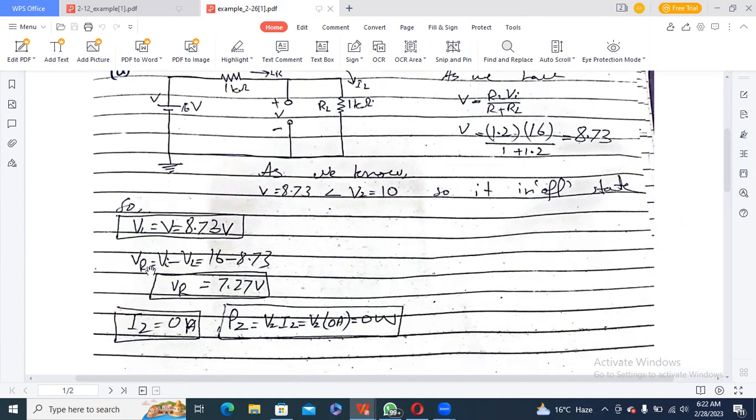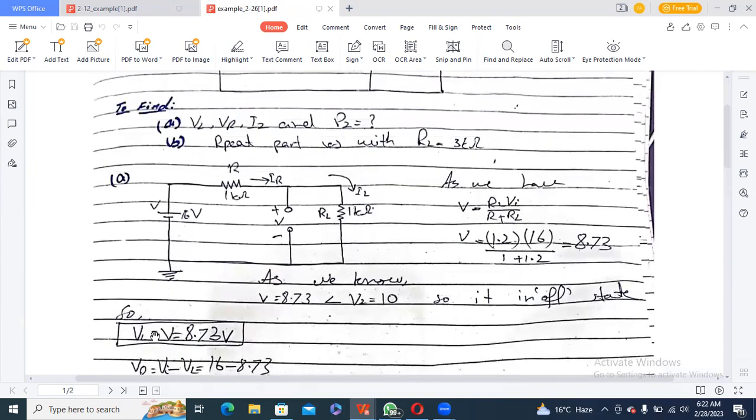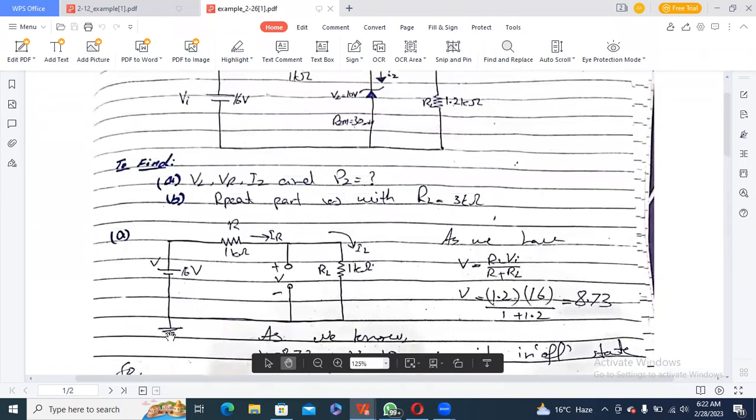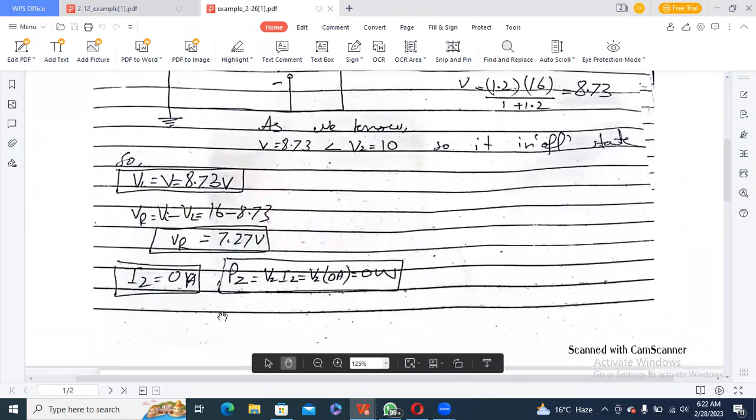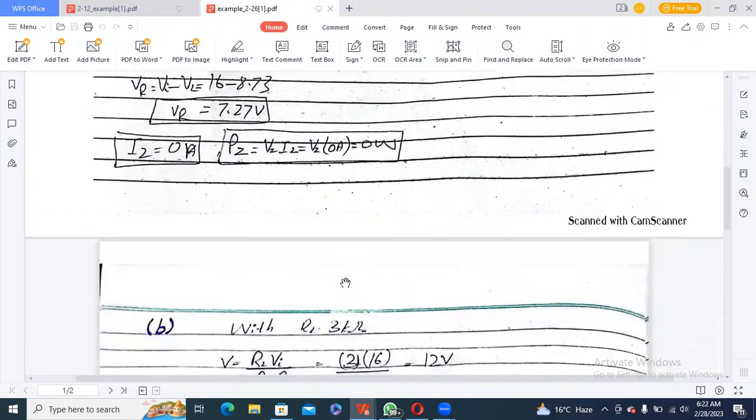We can find the VR, the voltage across the resistor, by VI minus VL, which is 16.16 minus 8.73, which is 7.27. IZ, the current of the Zener diode, is 0. So PZ, which is power, is 0 watt.